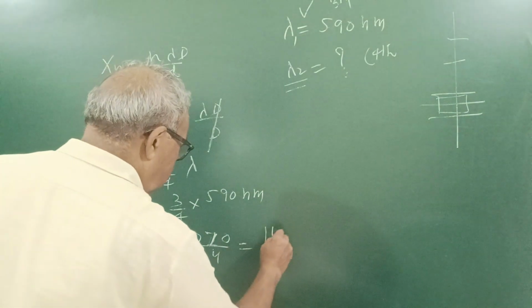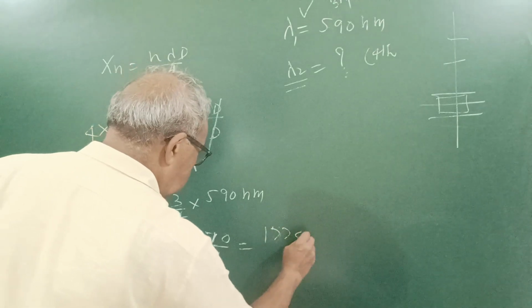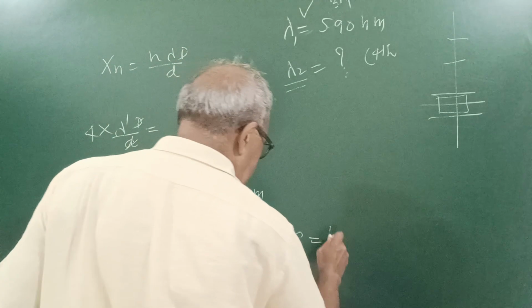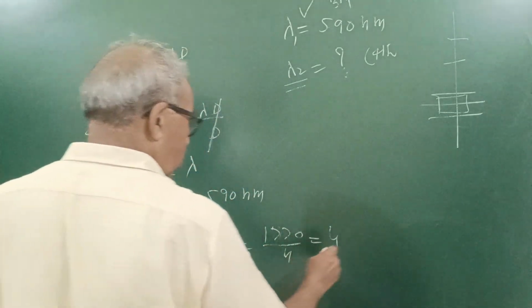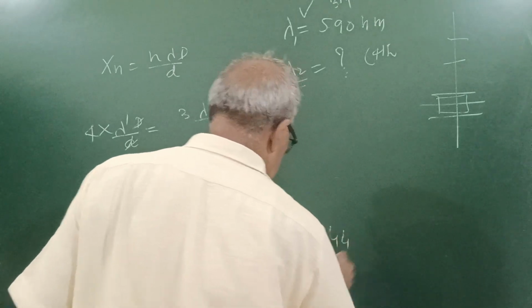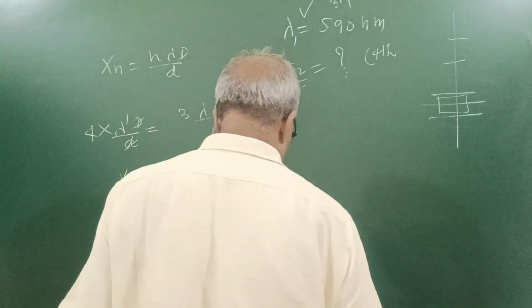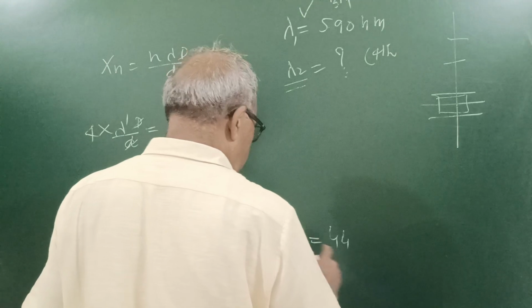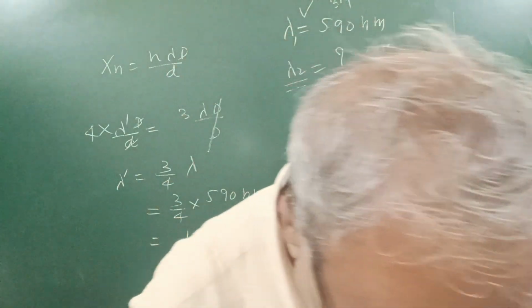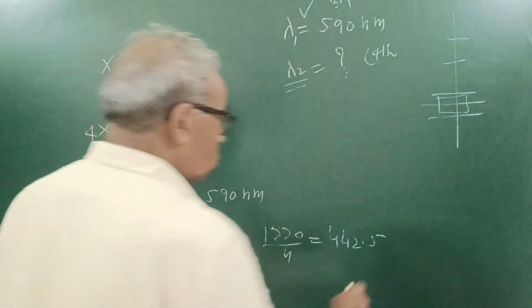So 1770 upon 4. 4, 4 are 16. 1, 4, 4 are 16. 1, 4, 2 are 10.5. Yes, 442 nanometer.